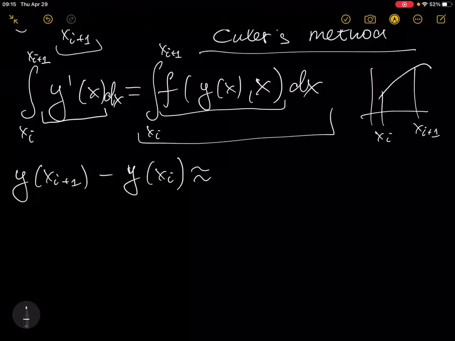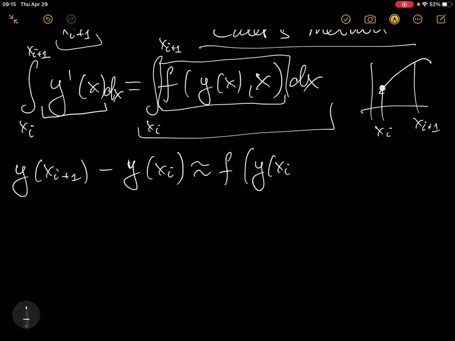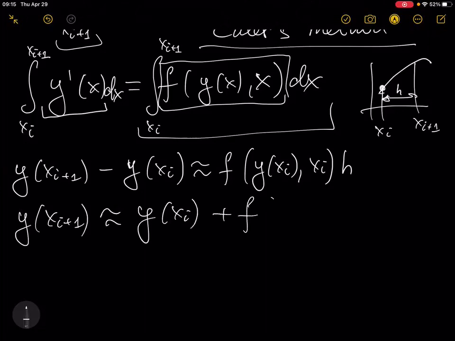It would be x i times h. Not x i, but f at x i, right? Oh, yes, right, thank you. Times h, right? So left rectangle rule. And then from here, we immediately get Euler's method, right?